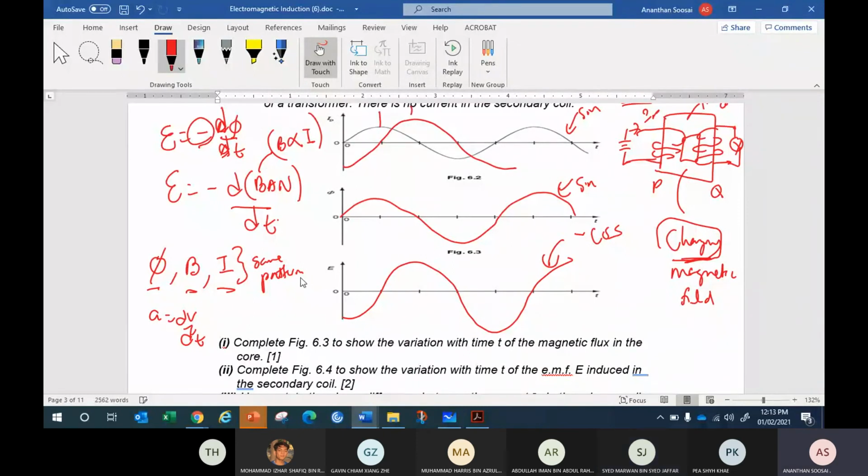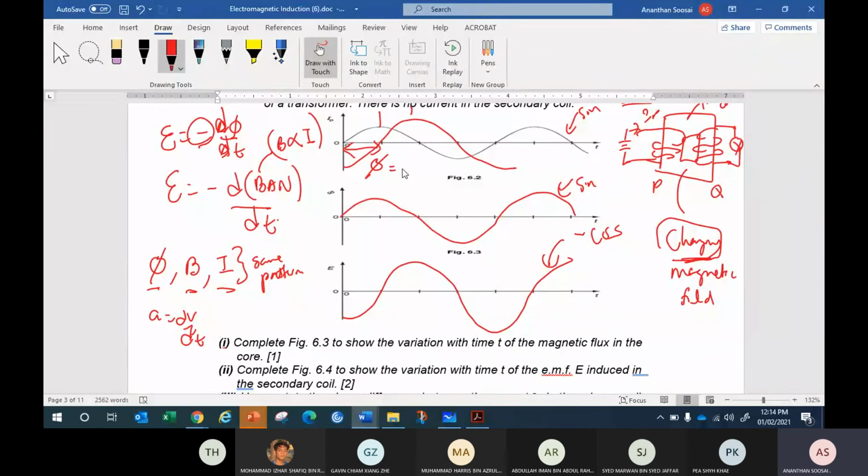Peak to peak, right? Or this, right? This is your phase difference, and this can also be considered a phase difference. How many radians, or how many degrees? 0.5 pi, right?